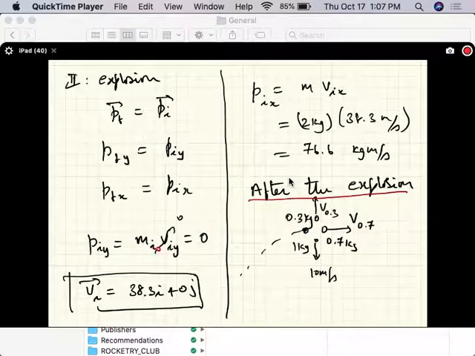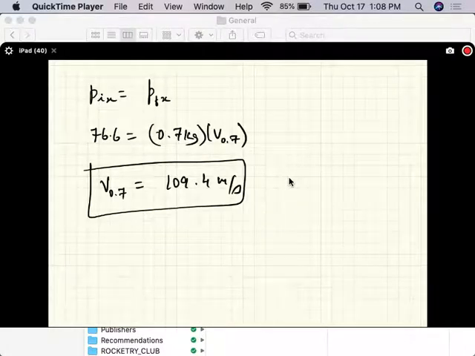Momentum is mass times velocity, so if your mass decreased by a factor of 3, your velocity should increase by a factor of 3. A 2 kg object became a 0.7 kg object. The rest of the mass was shot out in the y direction, so its velocity was 3 times as great in the x direction.